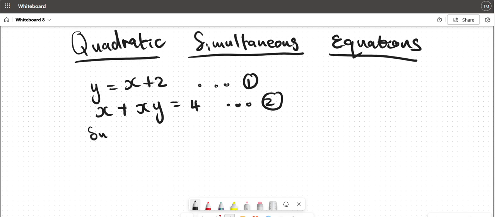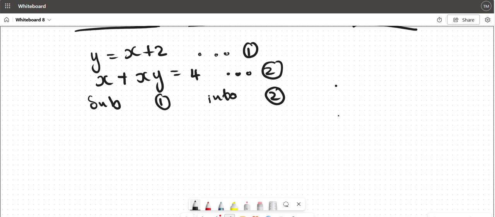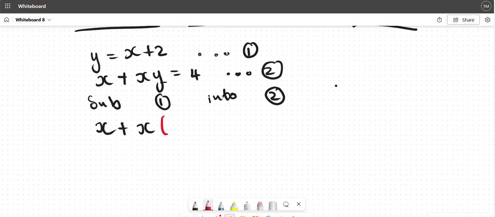So what I'm going to do is substitute equation 1 into equation 2. What I like doing is writing it out like that so that my examiner can see exactly what I'm doing. So wherever I see y in equation 2, that's where I'm going to put brackets, and I'm going to put in the value of y that I took from equation 1.